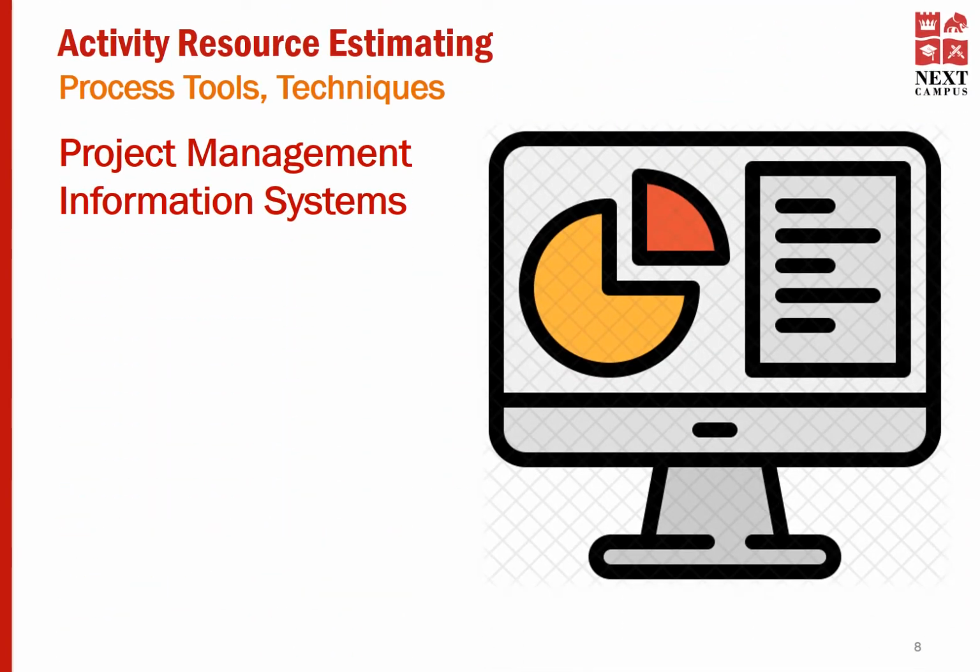Project management information systems is also another important process tool that can be hugely useful for the project managers and project management team to plan the resources. Project management information systems may give you the right facts, right data in order to make the resource decisions. So make use of that when you plan for your resources.